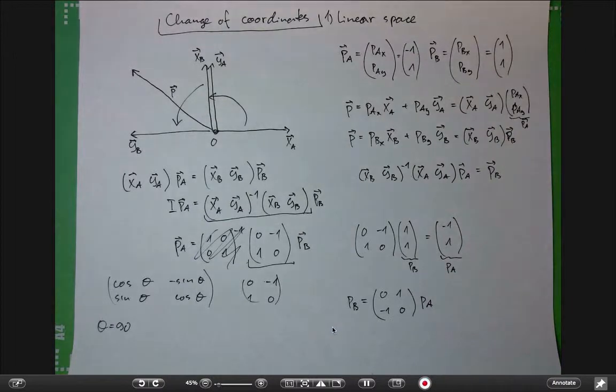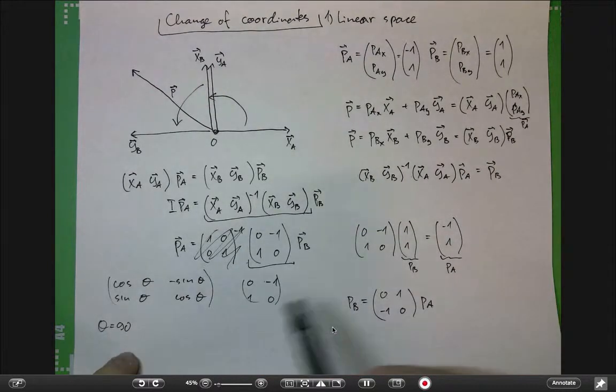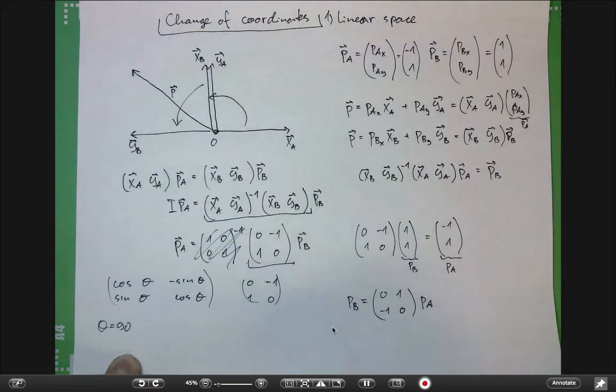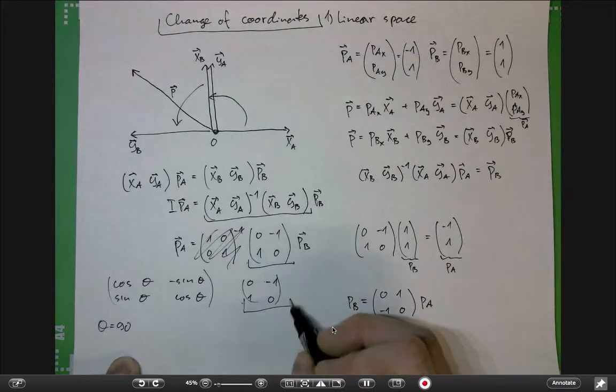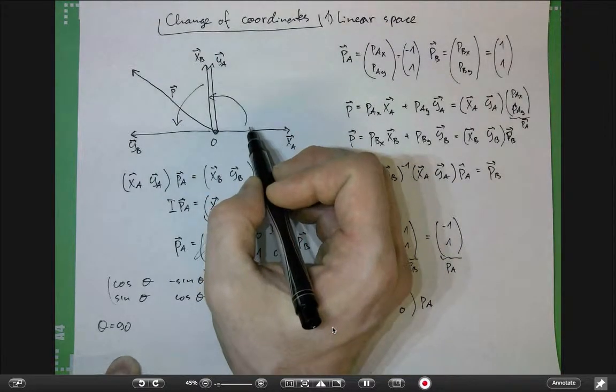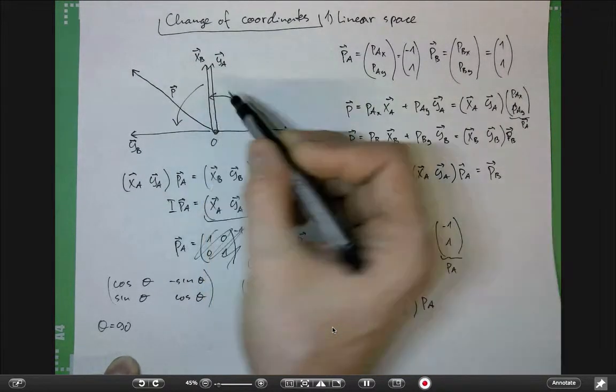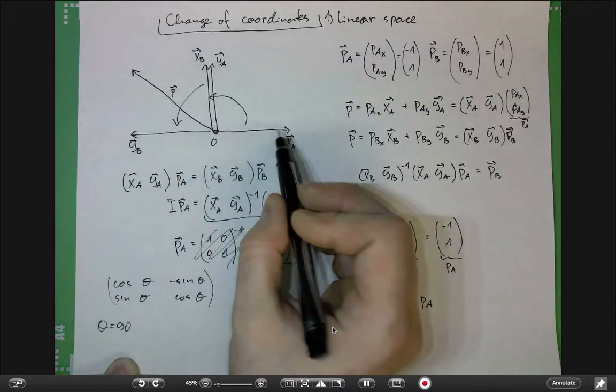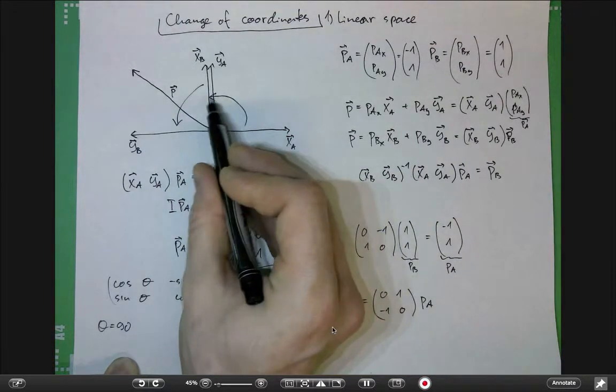Okay, and here is the most important conclusion. So if I have a counterclockwise rotation by 90 degrees, this is the matrix of that rotation. So it maps the vectors from basis A to basis B, right? If I rotate this XA by 90 degrees counterclockwise, I get to XB.